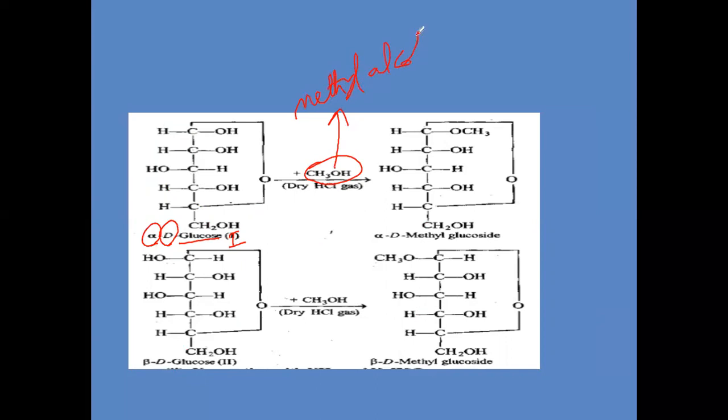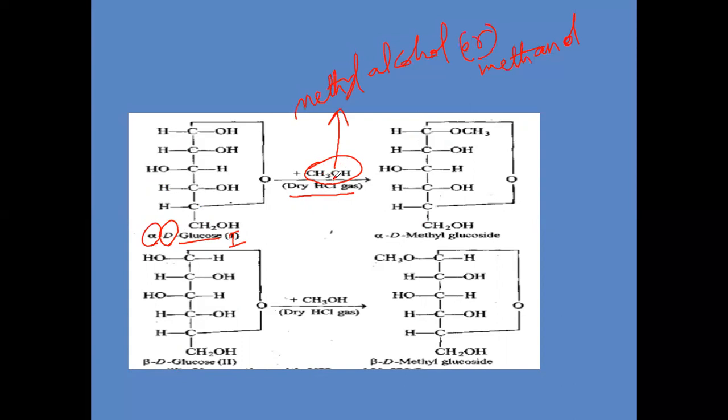Methyl alcohol is also called methanol. So we have taken methanol, or methyl alcohol, in the presence of dry HCl gas. In the presence of dry HCl gas, when glucose reacts with methyl alcohol, what happens?